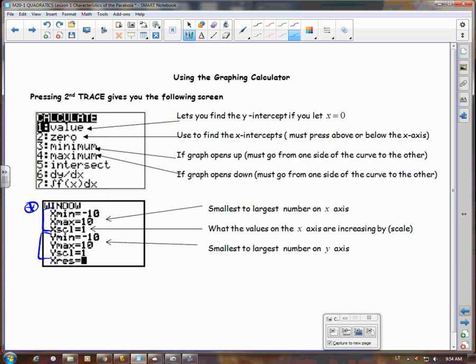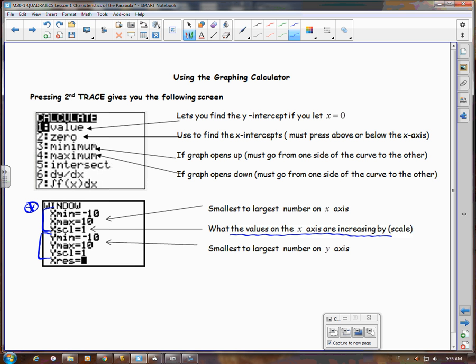Really only the first two numbers are critical, because they describe how wide your window will go. The third number, x SCL or x scale, says what the x values are increasing by, what the tick marks represent. If you leave it as 1, you're probably going to have a black line if you're zooming out.